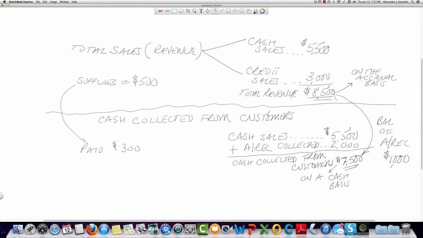The balance is what you owe on a trade account, the accounts payable, and that's going to be the $200. And here, it's the balance of accounts receivable. So you notice that the primary difference between the cash basis and the accrual basis is that under the accrual basis, we take into account what is owed to us and what we owe to others. And as a result, we wind up with receivables and payables.